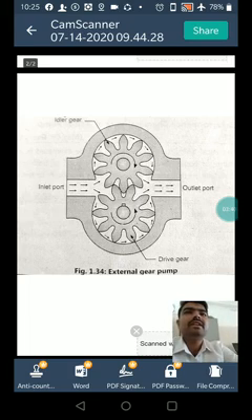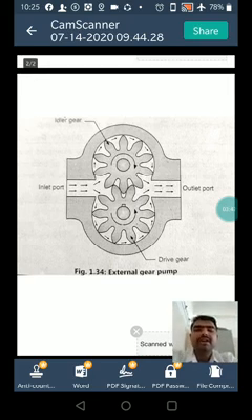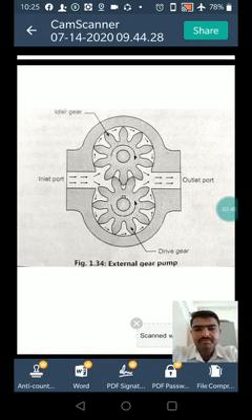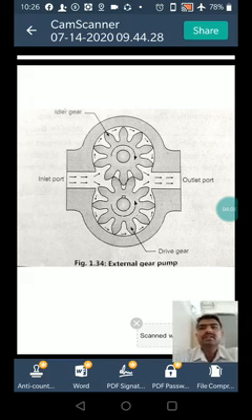Here we see the diagram explanation. There is an inlet port on the left side and an outlet port on the right side. Then there is a driven gear and an idler gear, and the two gears rotate in opposite directions.